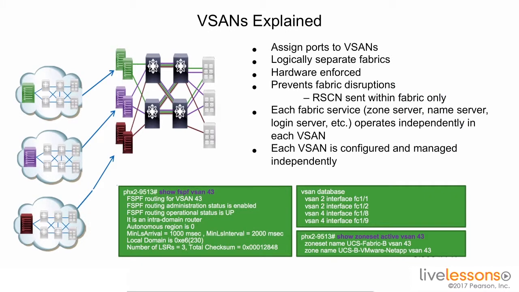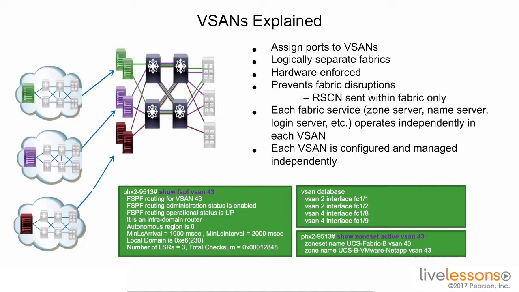So if we take those multiple physical SANs and we combine them together into virtual SANs, then we can assign ports to those virtual SANs, and they're logically separate fabrics. Now this separation is hardware enforced, and it prevents any type of fabric disruptions in one vSAN from affecting another.